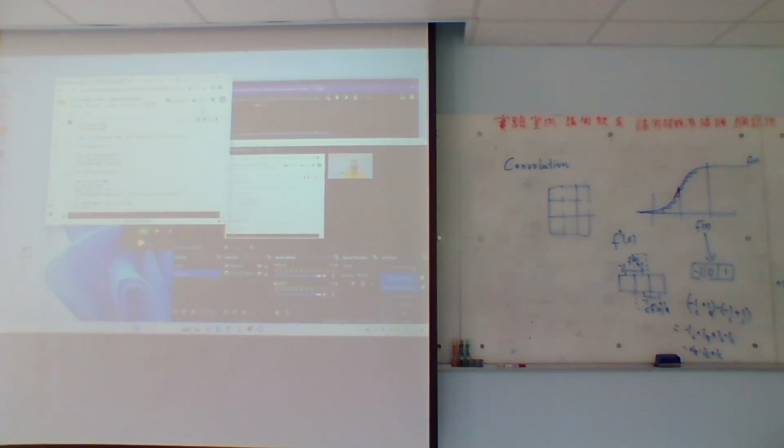So let's try that with 0.5. And then plot the figure.